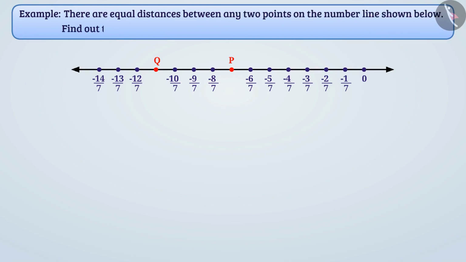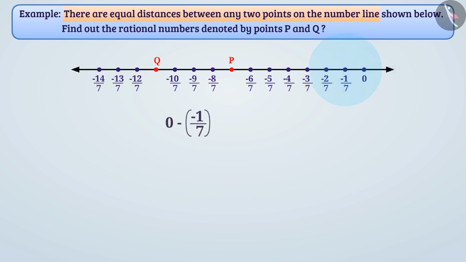Find out the rational numbers denoted by points P and Q. To find this distance, we will subtract the number to the left of it from a number. For example, here 0 minus minus 1 by 7 is equal to 1 by 7. That is, distance between 0 and minus 1 by 7 is 1 by 7 units.